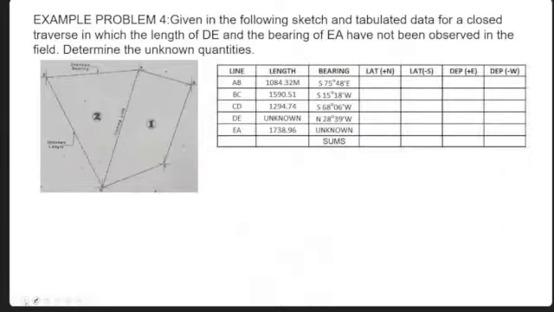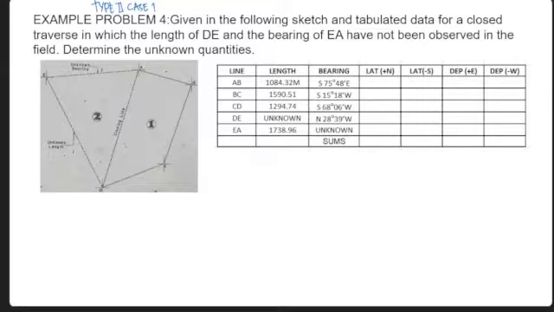Next. So we now move to our problem. So this is case number 1 ng ating type 2. Type 2, case 1. So one bearing and one length is unknown.